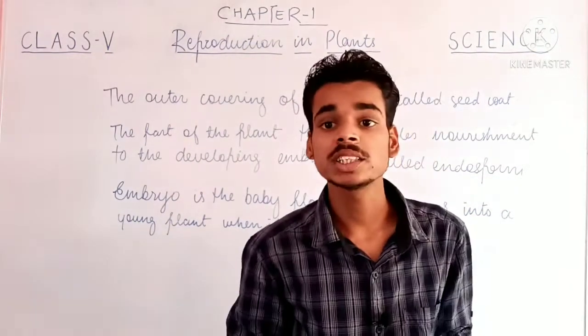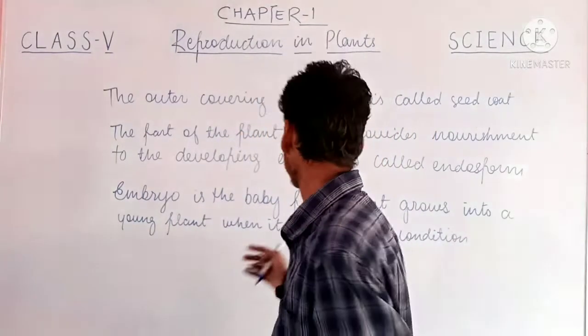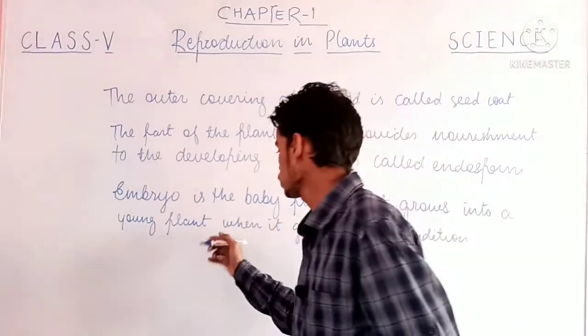When an embryo gets sufficient water and sufficient nutrients, then it grows into a young plant.